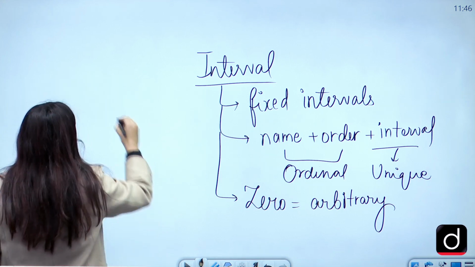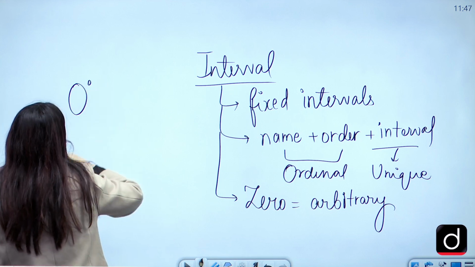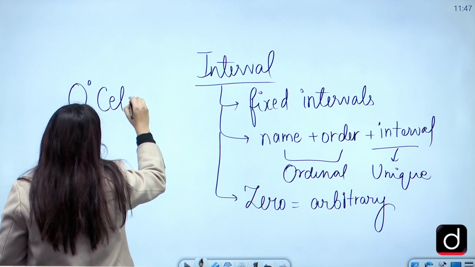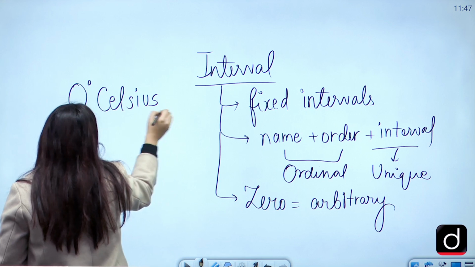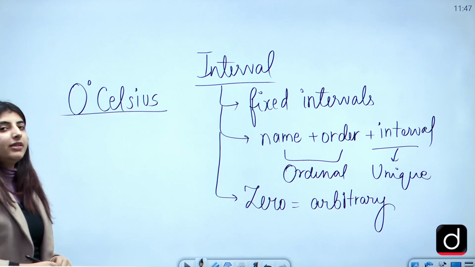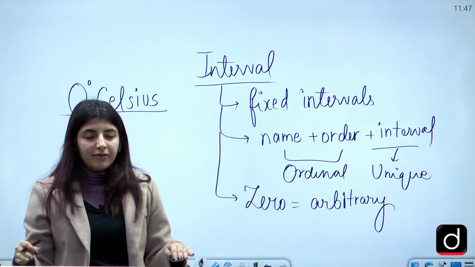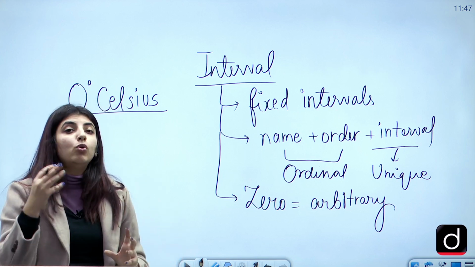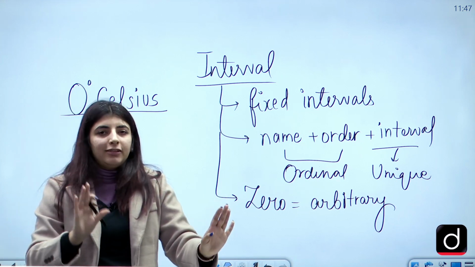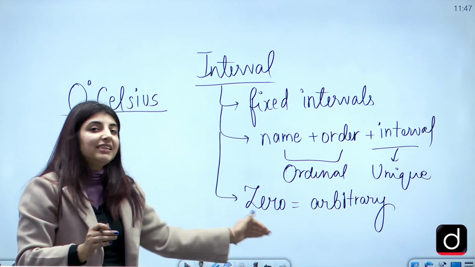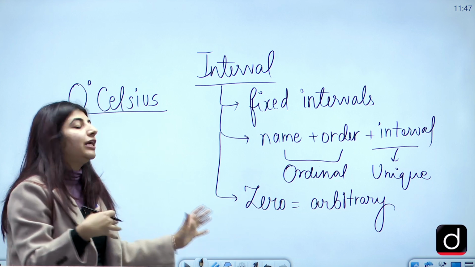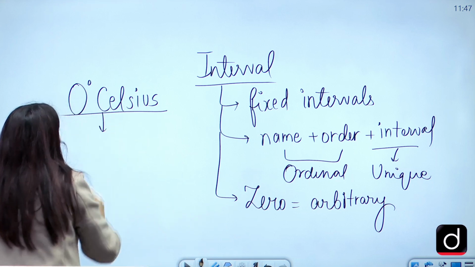So, let us just talk about this as an example. 0 degree Celsius. Correct? If I talk about this temperature, it means that 0 does not mean null, that there is no temperature here. 0 here holds a value of not being 0. So 0 is not 0 here. Hence, it is arbitrary. It will change according to what is required.